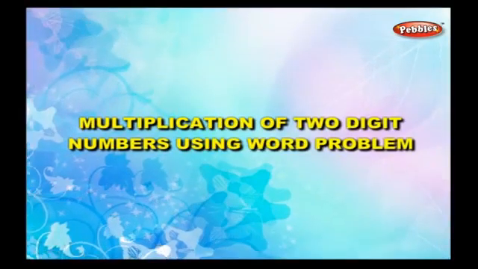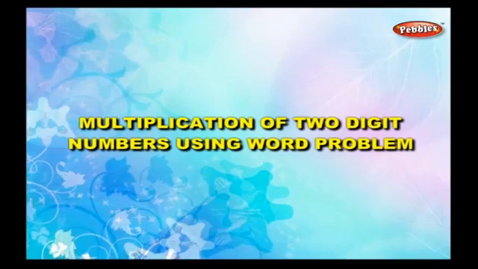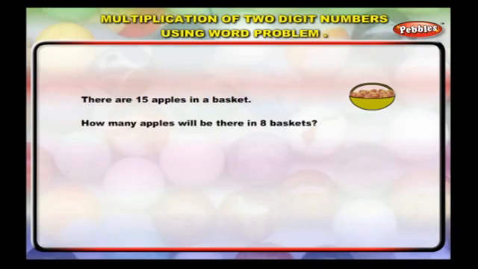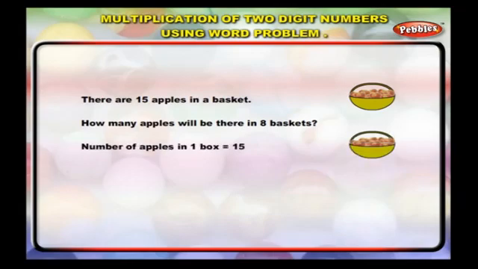Multiplication of two-digit numbers using a word problem. There are 15 apples in a basket. How many apples will be there in 8 baskets? Number of apples in one basket is equal to 15.